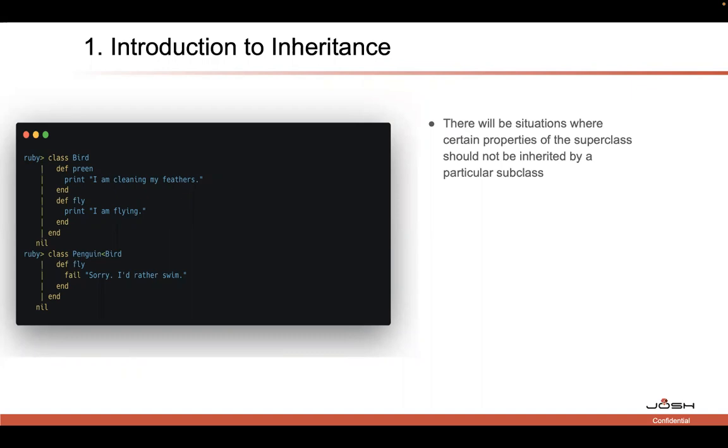Either we define the uncommon properties in each of the classes, or define all properties in the parent class, and then just remove those properties from that specific class.